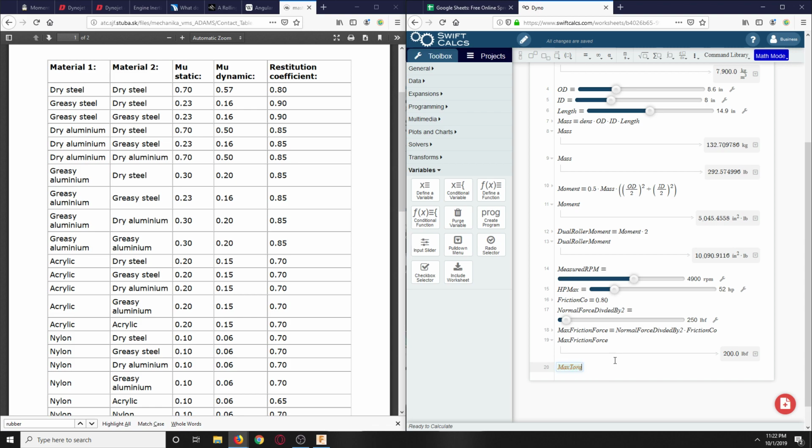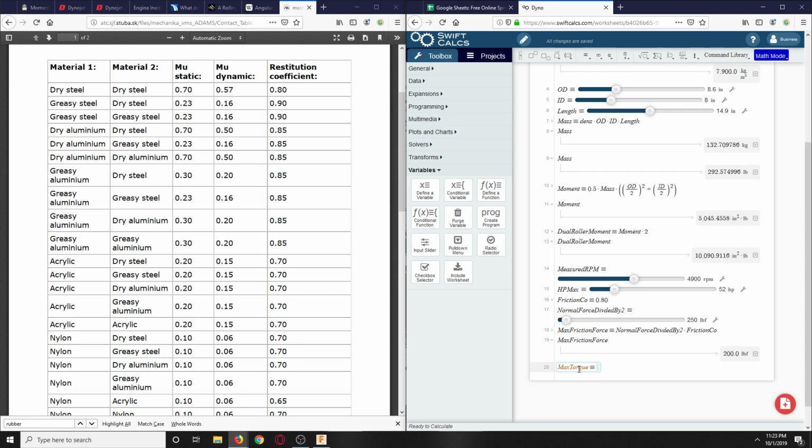max torque is force times distance, right? So this means that on the top of the roller, we can only put down 200 pounds of force at the very edge of the roller. Now, the way to think of max torque is it's just like when you're turning a bolt. It is the amount of force you put at the end of the wrench and how long the wrench is.